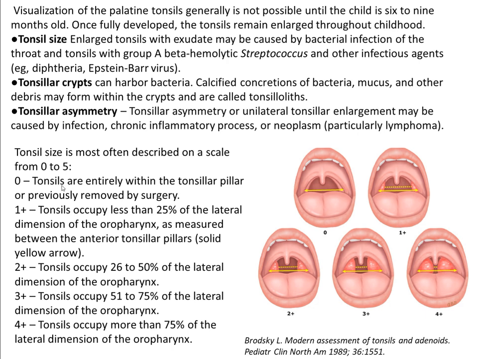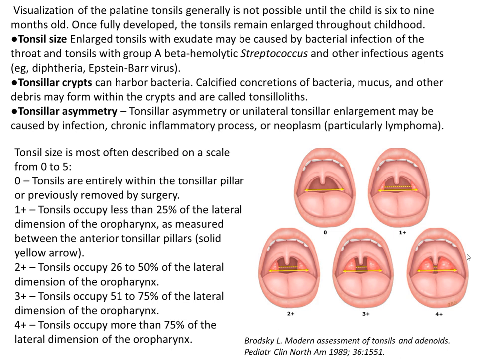So, 0: tonsils are within tonsillar pillar or previously removed by surgery, so they are not seen. 1: Tonsils occupy less than 25% of the lateral dimension of the oropharynx as measured between the anterior tonsillar pillars. Solid yellow arrow.